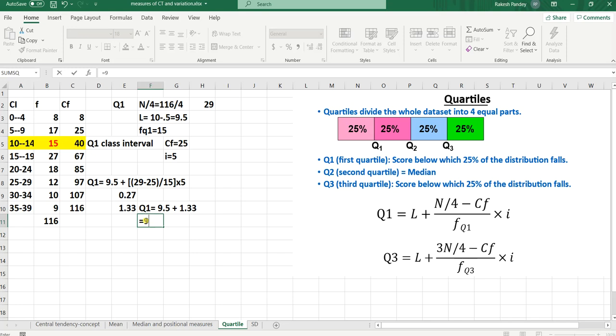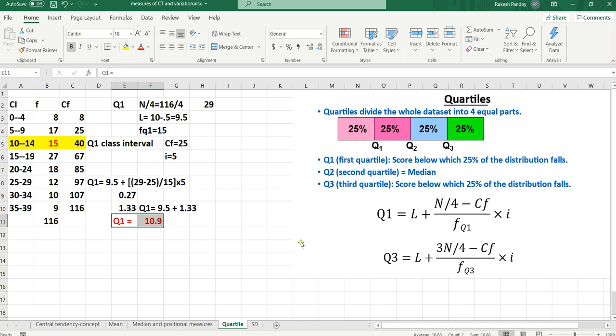So 9.55 plus 1.33 is equal to 10.9. So the first quartile, we can write that Q1 is equal to 10.9, and this is the first quartile.